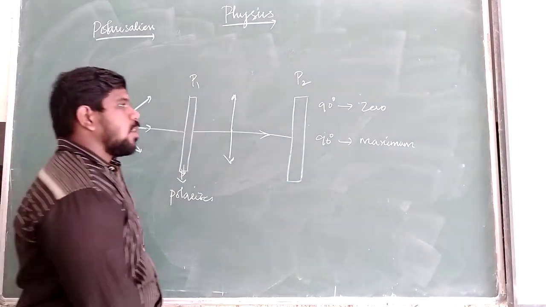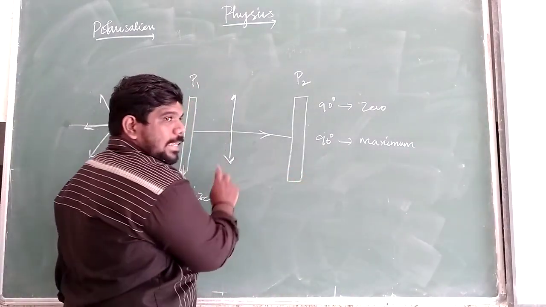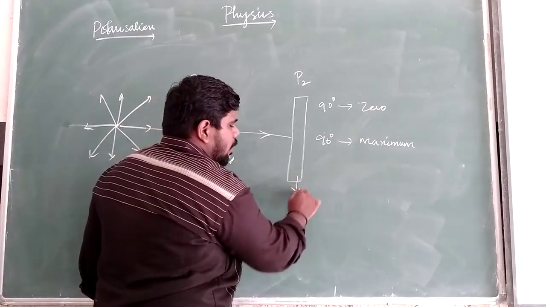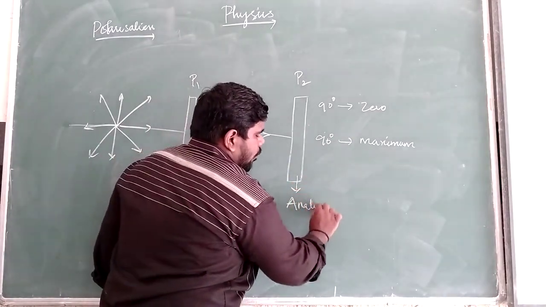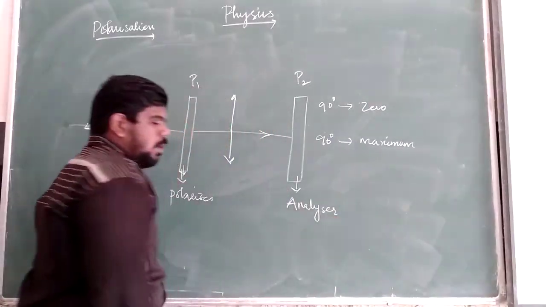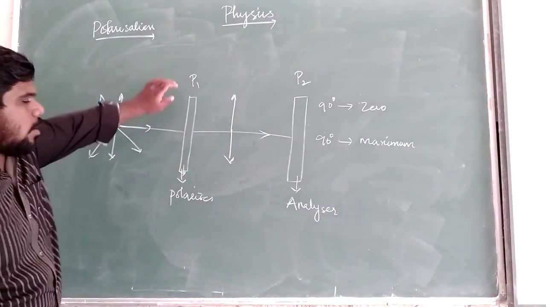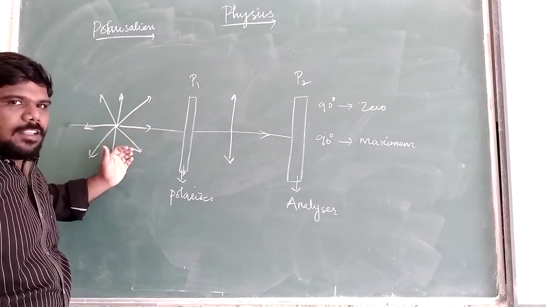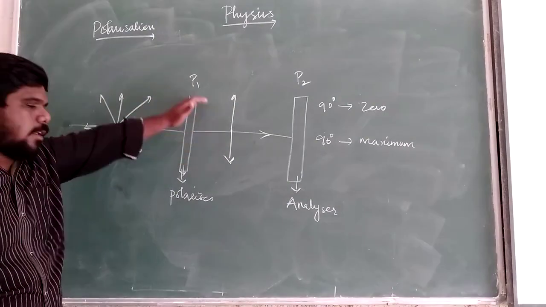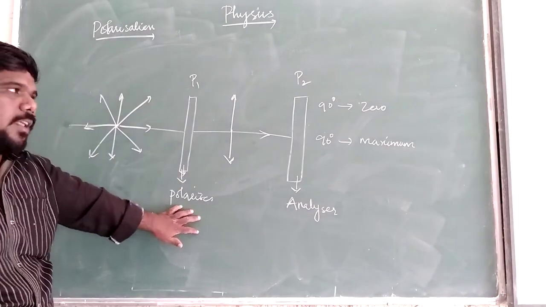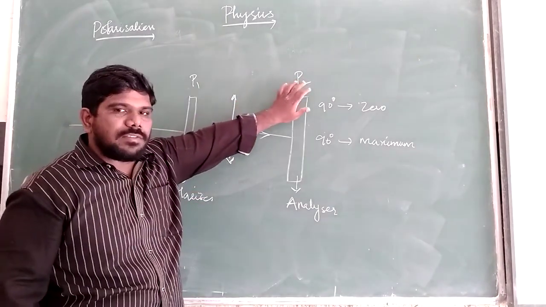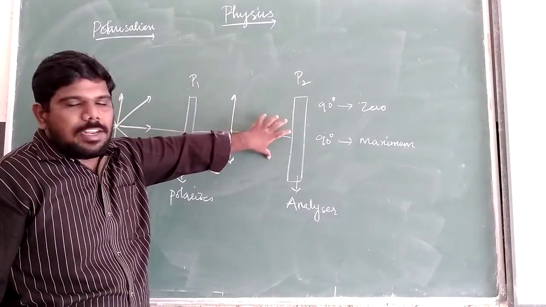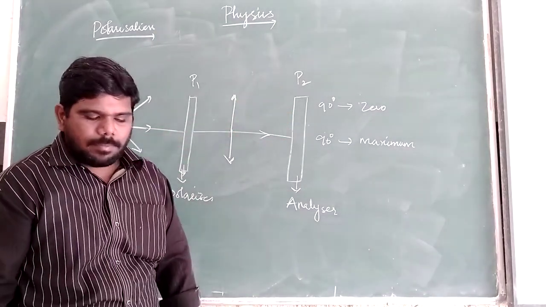And the polarizer P2, which is used to analyze whether the light is polarized or unpolarized, is called an analyzer. Understand?